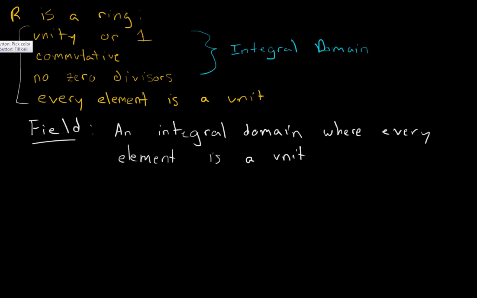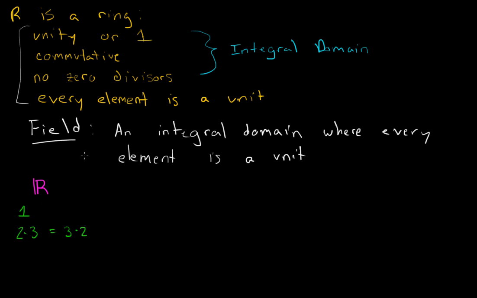Now, do we have any examples of this? Well, sure. Let's say the real numbers. Real numbers are a field. From the last video, we saw they're an integral domain. They have a unity, it's just plain old 1. They are commutative, so 2 times 3 is the same thing as 3 times 2.